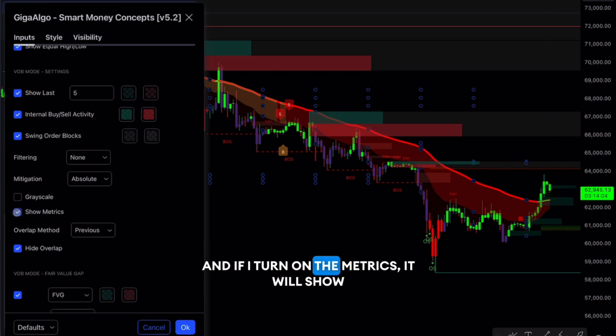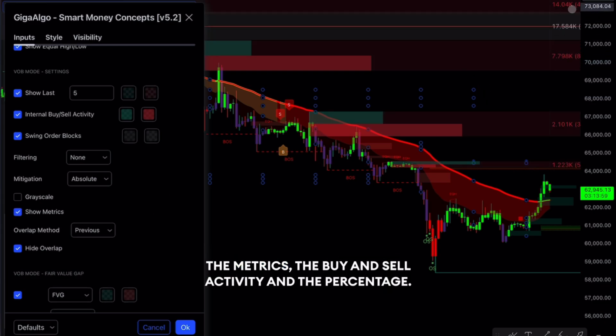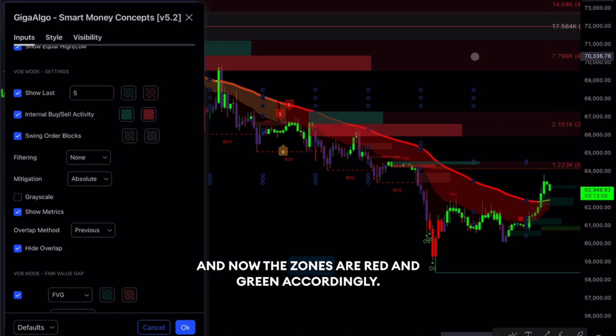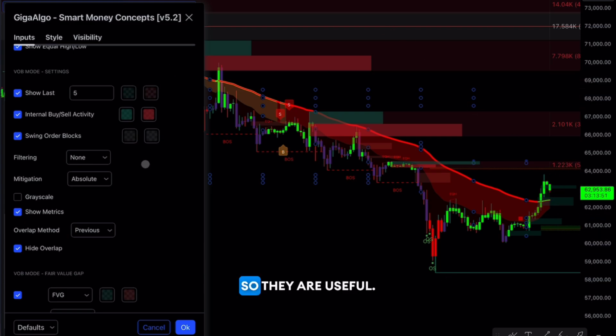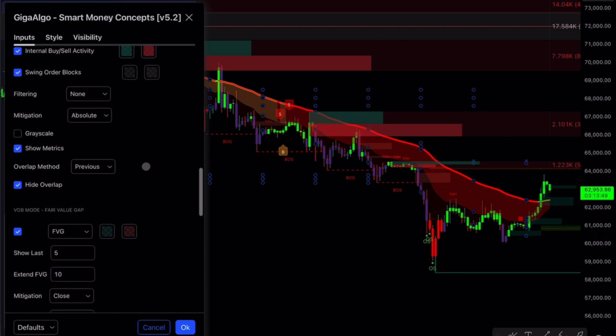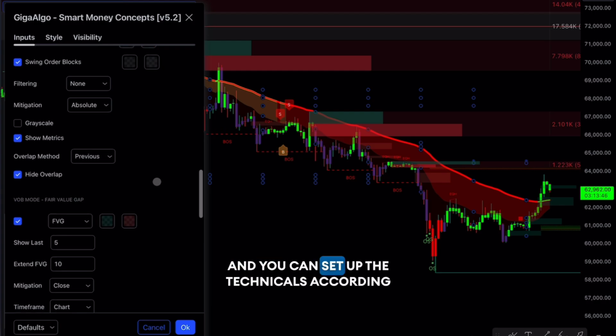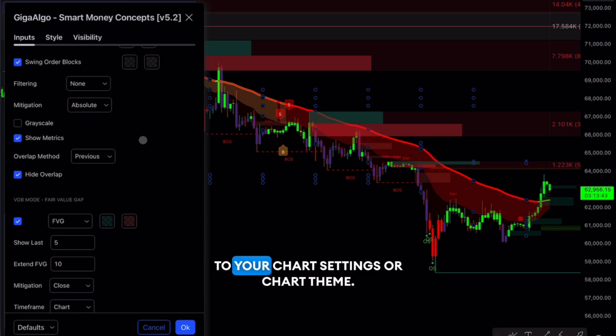And if I turn on the metrics, it will show the metrics, the buy and sell activity and the percentage. And now the zones are red and green accordingly. So they are useful. And you can set up the technicals according to your chart settings or chart theme.